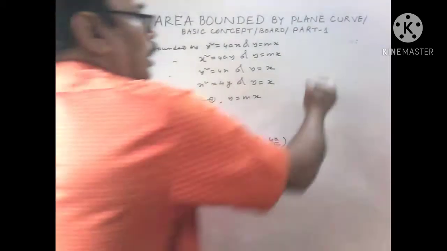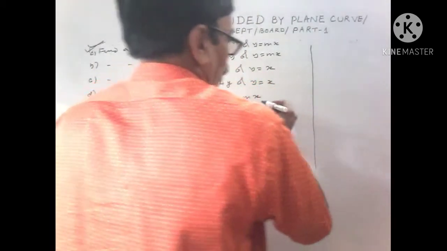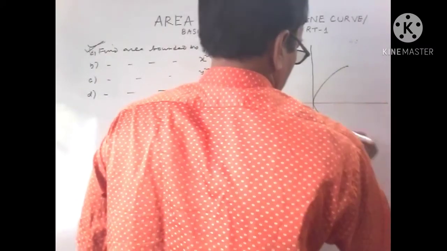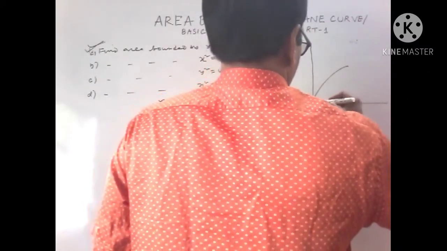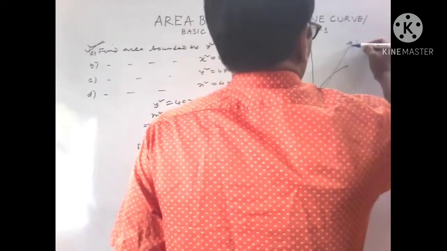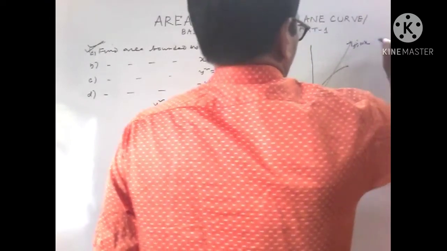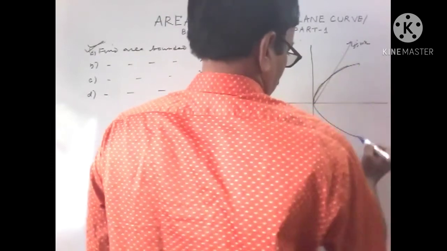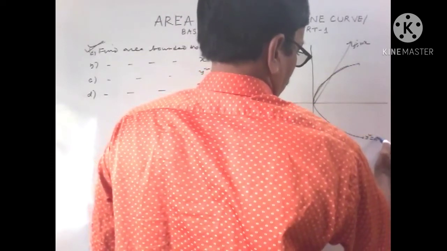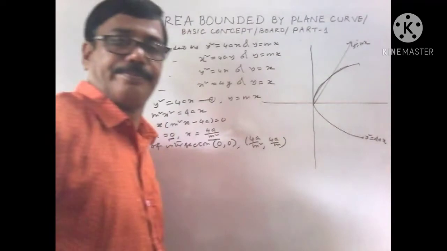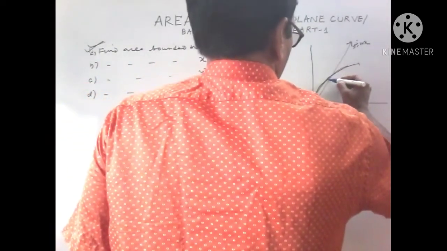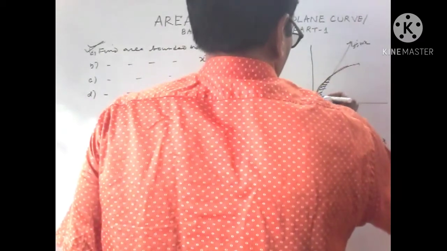So draw the figure. This is y square equals 4ax, and this is y equals mx. The area bounded by them is given by this part.